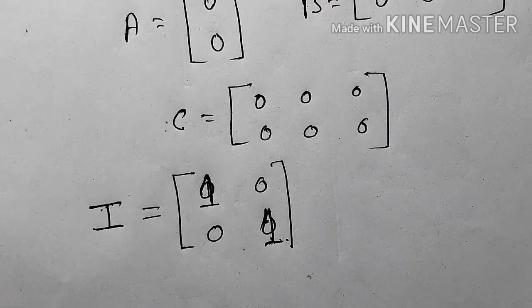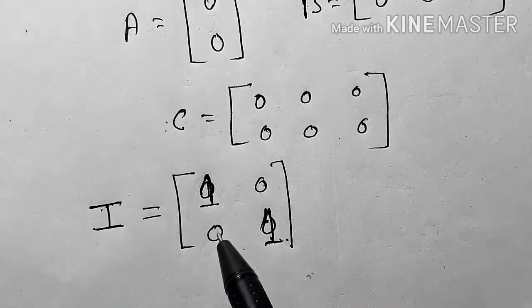This type of matrix is known as identity matrix. So, a square matrix in which all the elements of the principal diagonal are 1 and all other elements are 0 is known as an identity matrix.